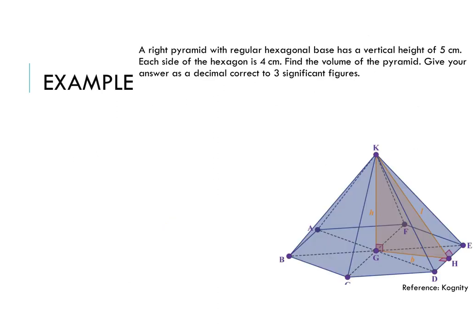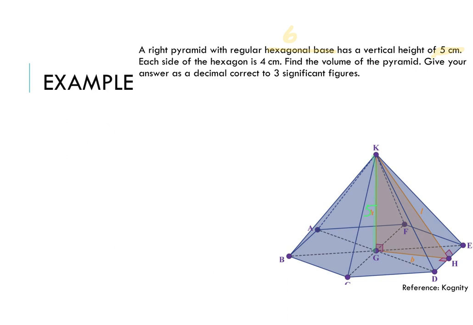Now let's look at our example. We have a right pyramid with a regular hexagonal base. So hexagonal base, we have 6 sides to this hexagonal base. It has a vertex height of 5 centimeters, so the height of this pyramid is 5 centimeters.